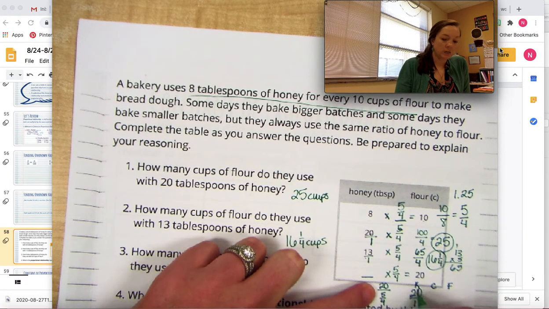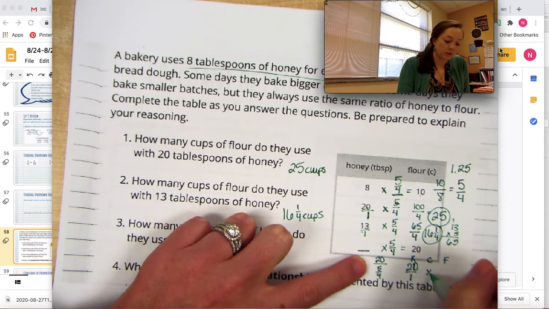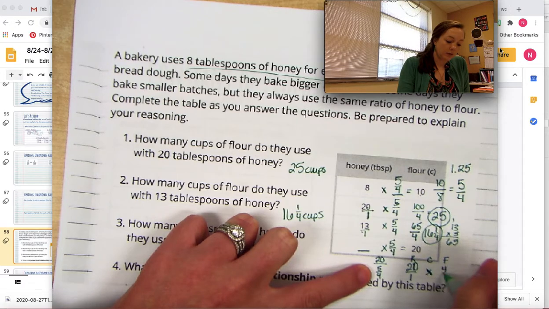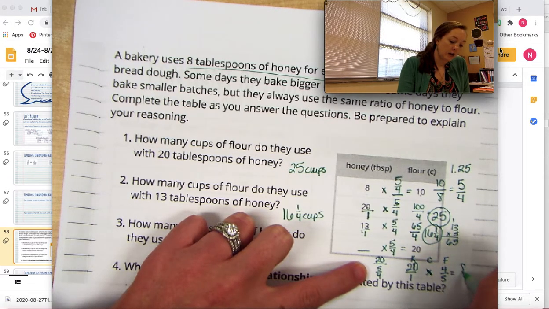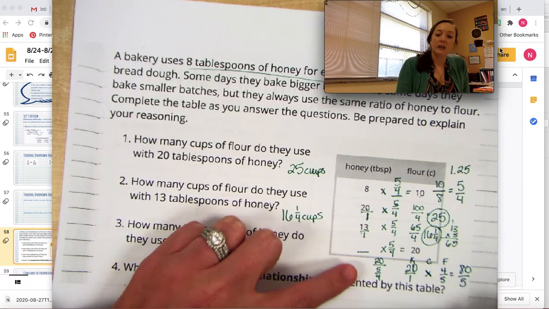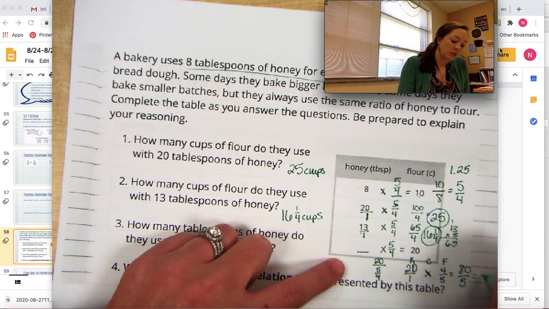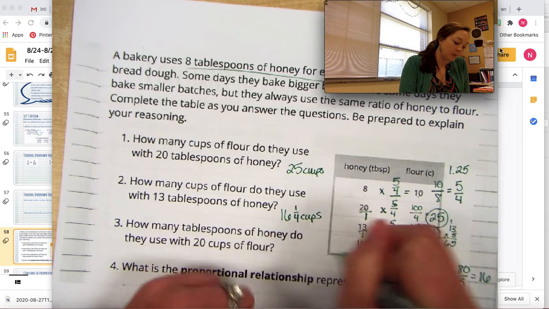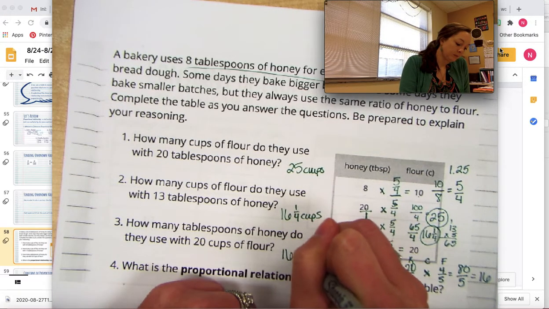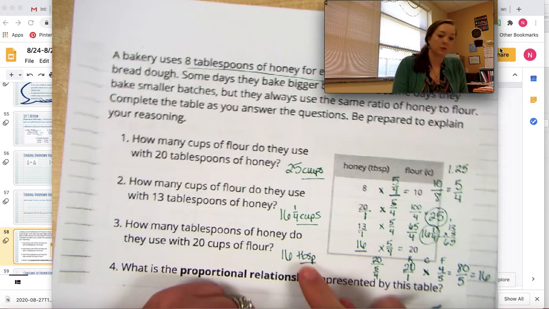I'm going to keep the first number, change division to multiplication, flip the second fraction, and make it 4/5. Now I am going to multiply straight across. 20 times 4, 1 times 5. I get 80 over 5. And this will simplify into 16. All right? And don't forget your units because we're talking about cups of flour but tablespoons of honey.